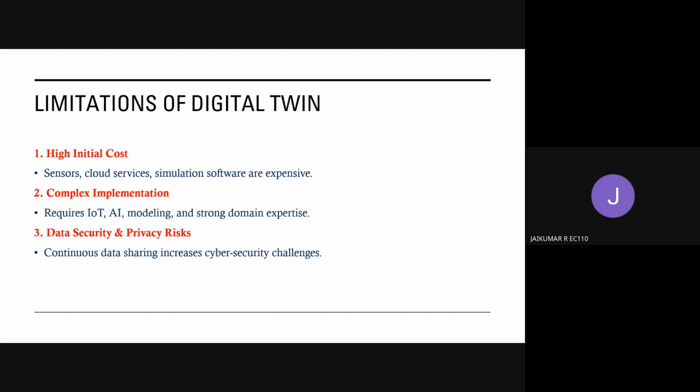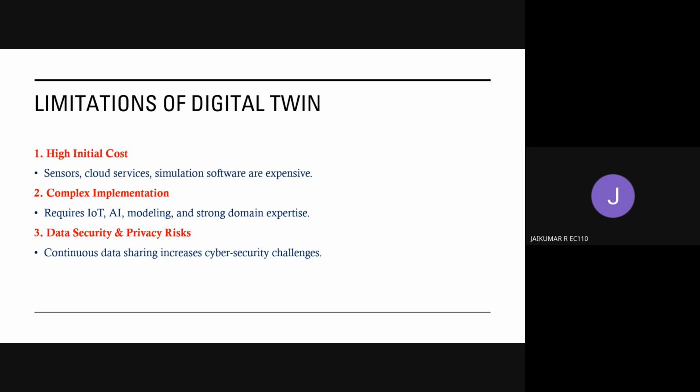We are using some AI model in the cloud, and all these components and services are expensive. It's highly expensive. You need to spend a lot of money for that digital twin technique.